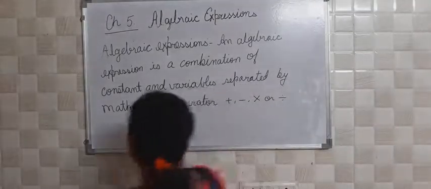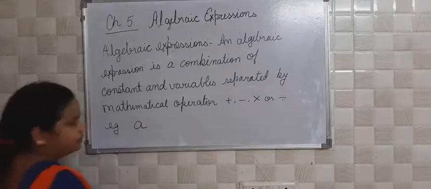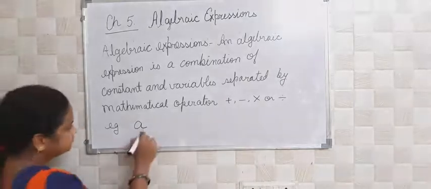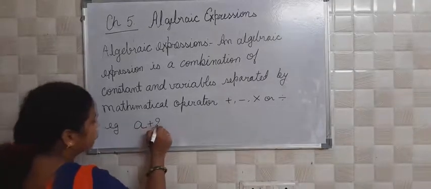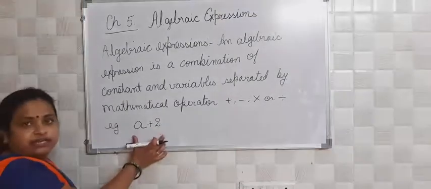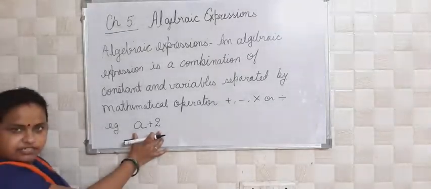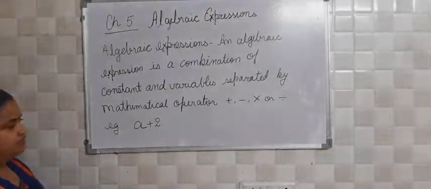So, if you are taking a, here a will be your variable, plus 2, a constant term. So taken together, a plus 2 is your algebraic expression. Okay.